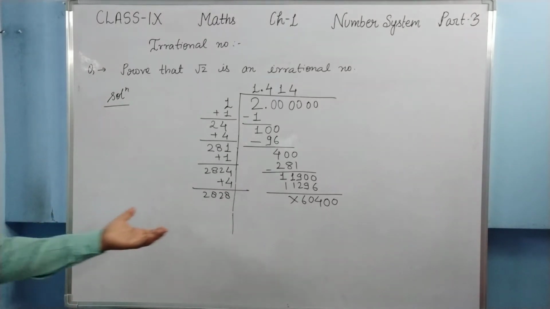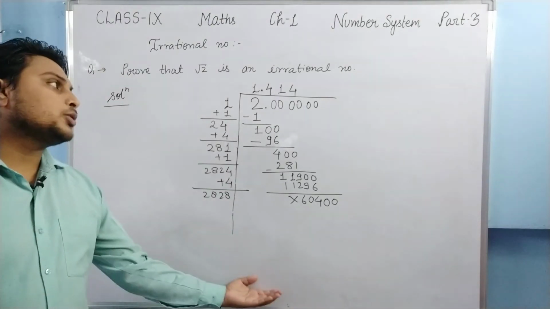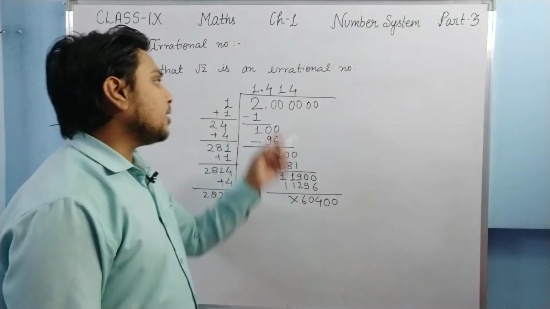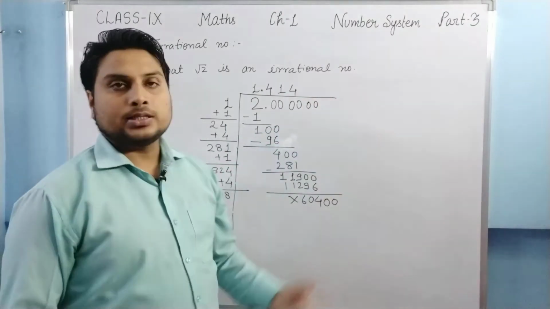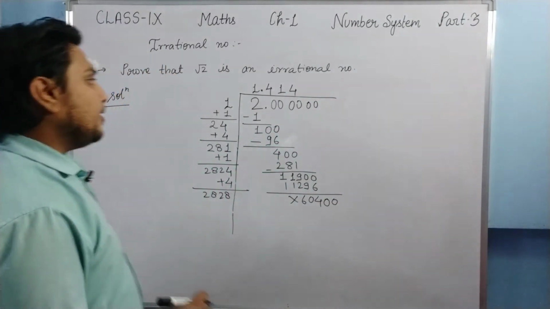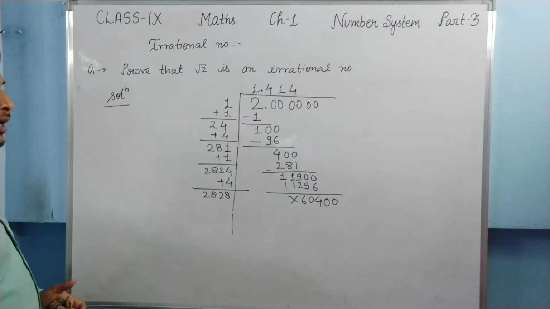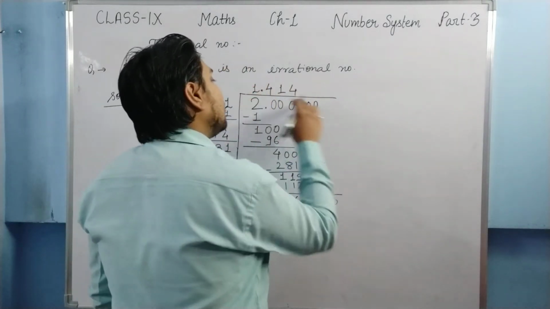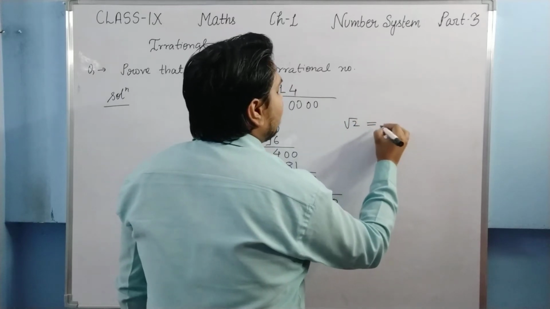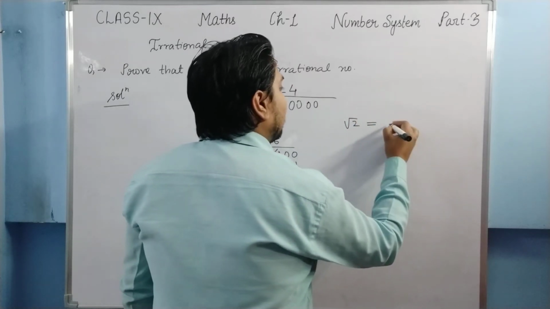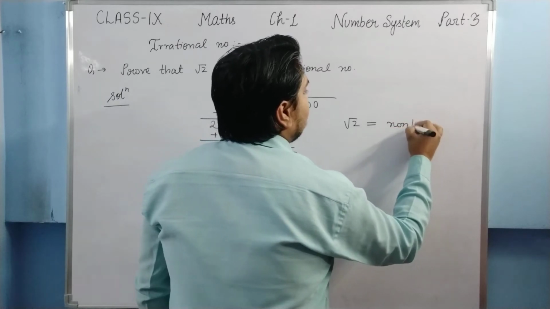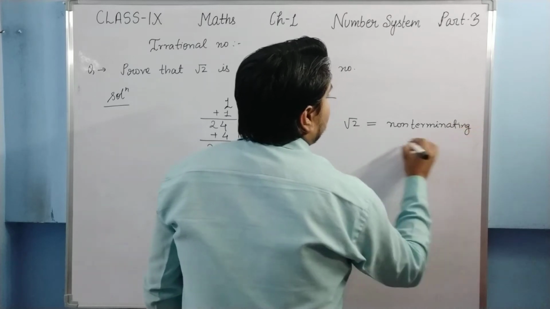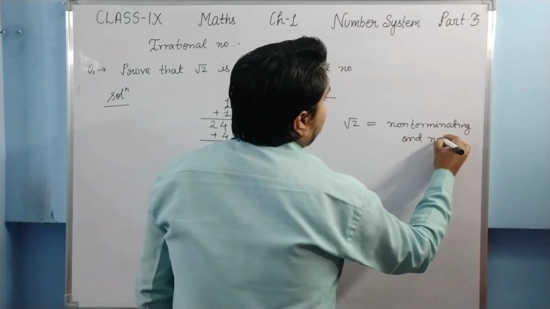Students, further we can continue this procedure at least till 6 to 7 digits of the number, meaning 6 to 7 digits should be there after the decimal. Okay, and then we will observe that the value of under root 2 is of the type non-terminating and non-repeating.